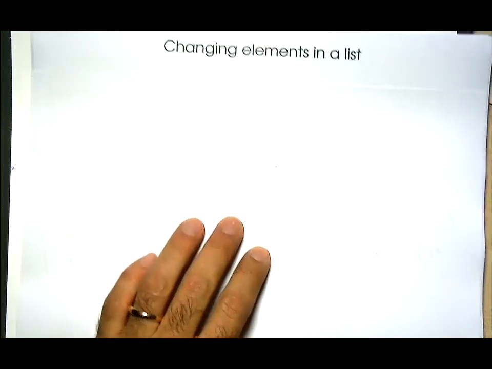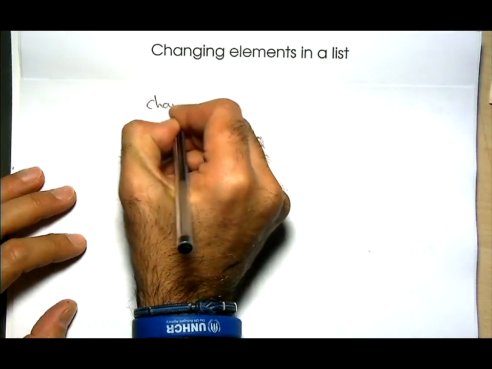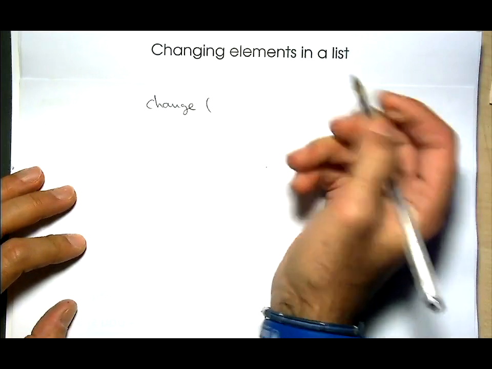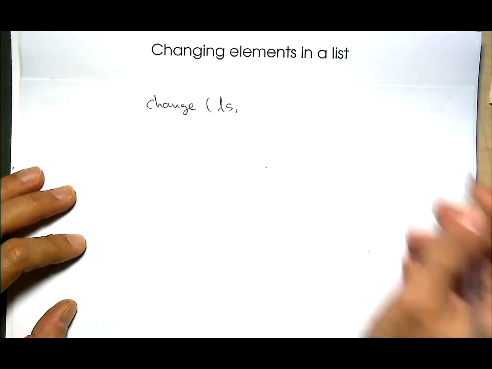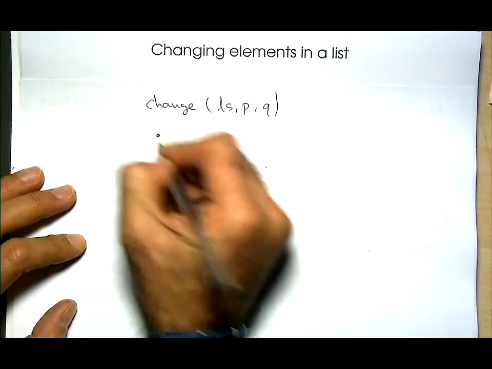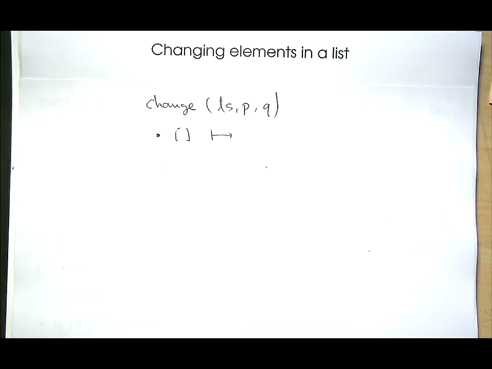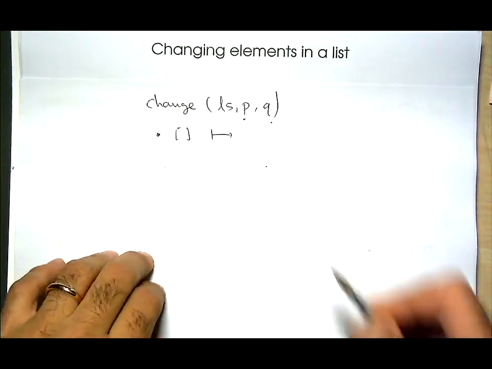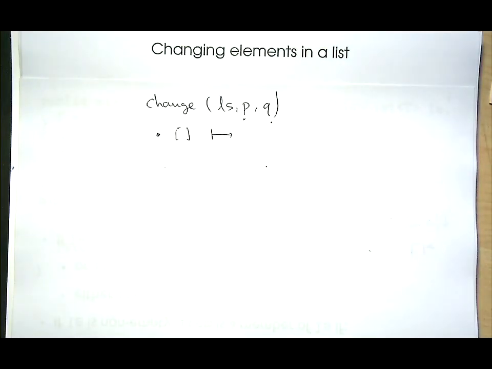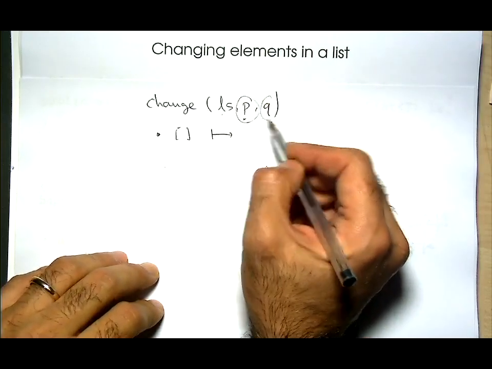And now finally, how can we change elements inside the list? Well, suppose I have my ls, and I have p and q. I have two cases. I have a list ls, and I have two objects, p and q, and I want to take a new list where every p has been replaced by a q.